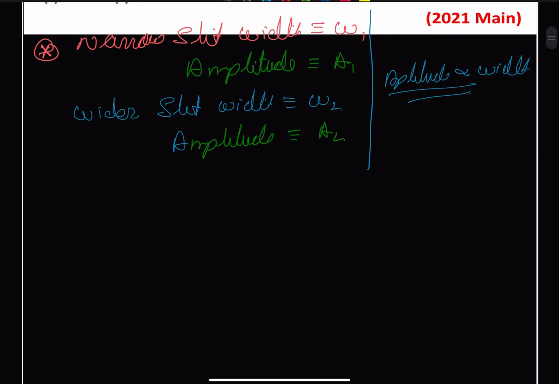So we can say that W2 is equal to thrice of W1, or from here we can say our A2 is equal to thrice of A1.